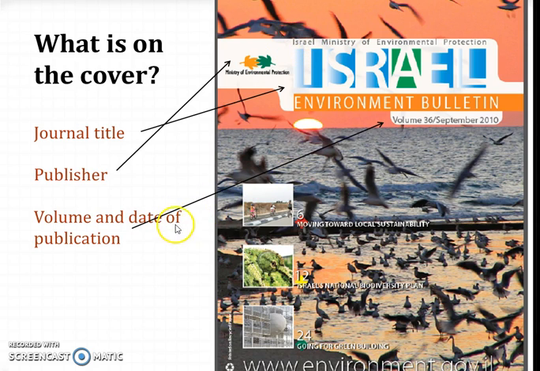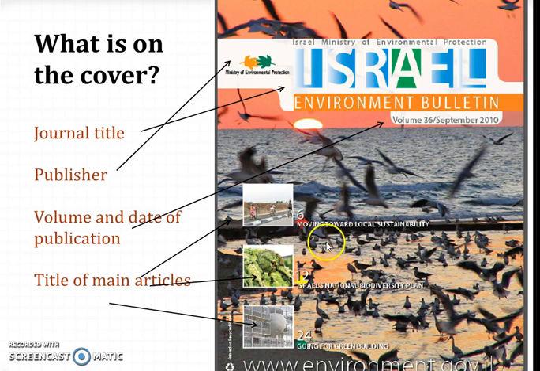The volume and date of publication, volume 36, September 2010. And then we have the main articles. We see 6/24, 12/24, the pages: Going for Green Building, Israel National Biodiversity Plan, Moving Toward Local Sustainability. And here we have the internet address.